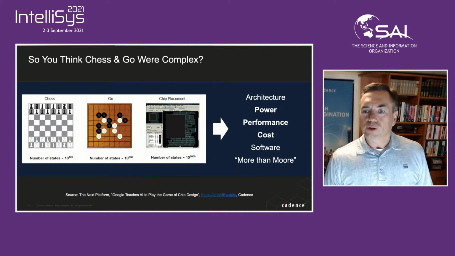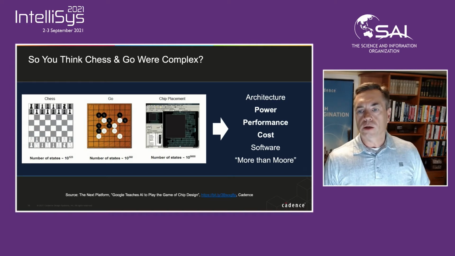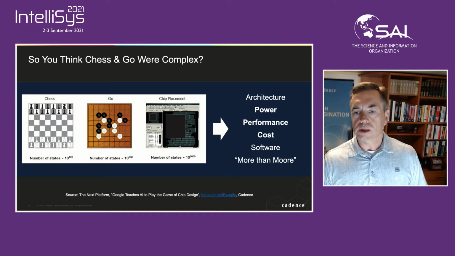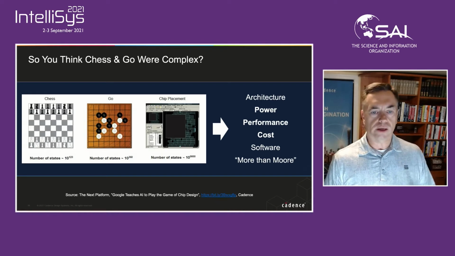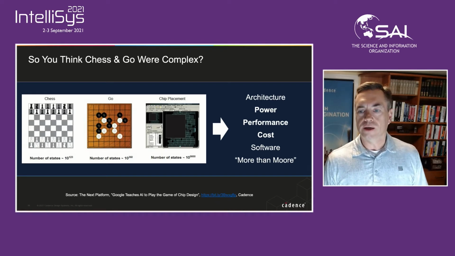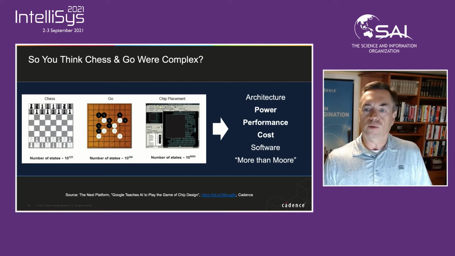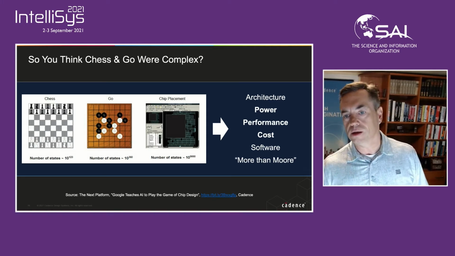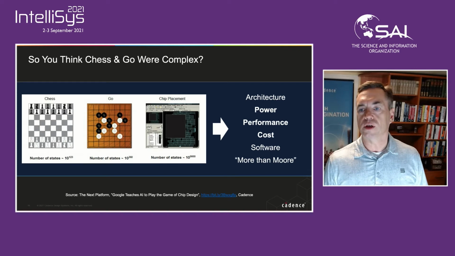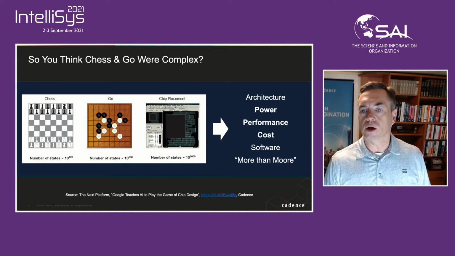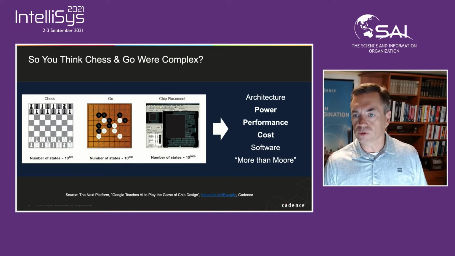So to give you a glimpse of the complexity we are talking about here, you have seen all these examples, and we were all very excited and thoughtful when chess grandmasters were beaten the first time, and the best Go players were beaten the first time by machine learning and artificial intelligence trained networks.